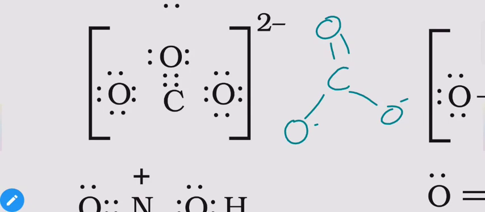Now, after a certain time, this bond will be removed and placed here, and now this oxygen will be negatively charged. After some time, this bond will shift here, so this oxygen will be neutral and this will be negatively charged, and so on. So a repetitive process will occur. It is called resonance, and you will learn about it later.